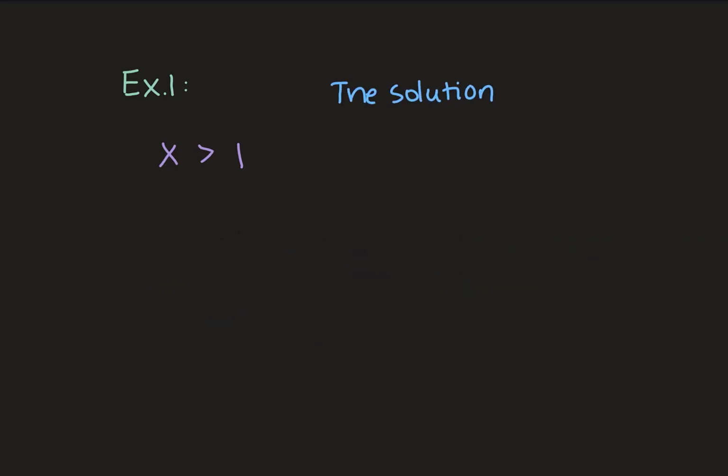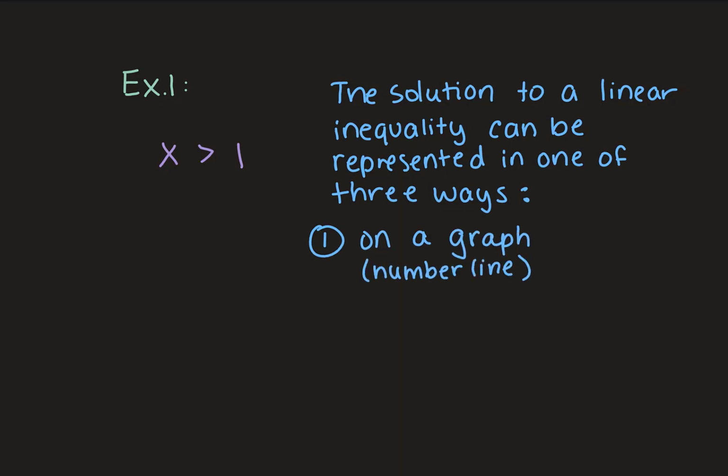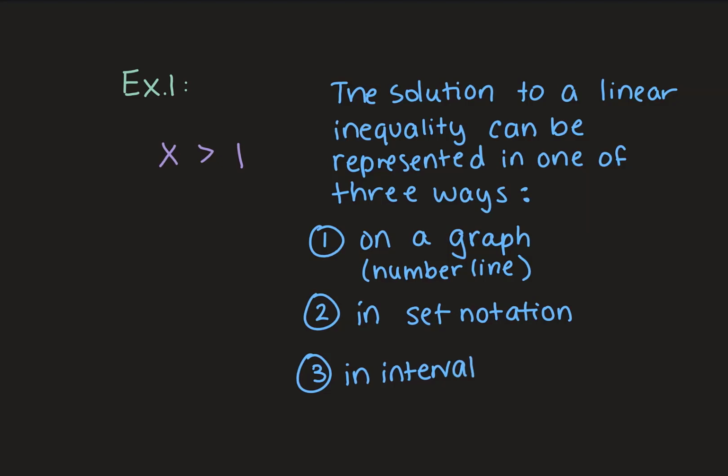So the solution to a linear inequality can be represented in one of three ways. The first being on a graph, like a number line. The second way in set notation, and we'll talk about what this is. And the third way in interval notation, and we'll also talk about what that is.